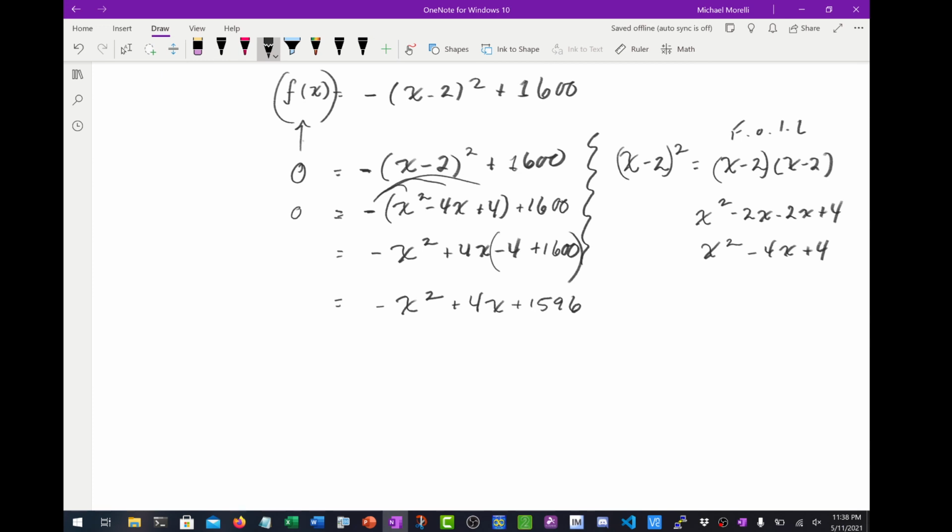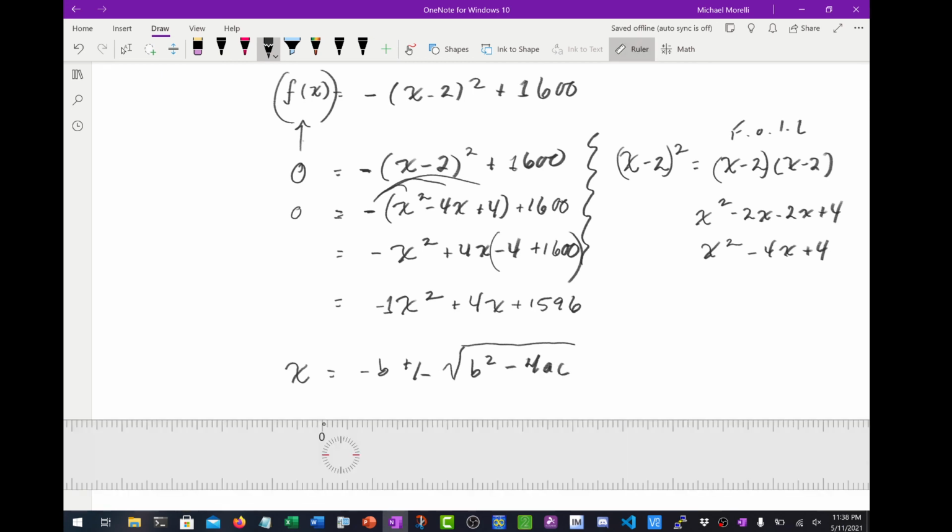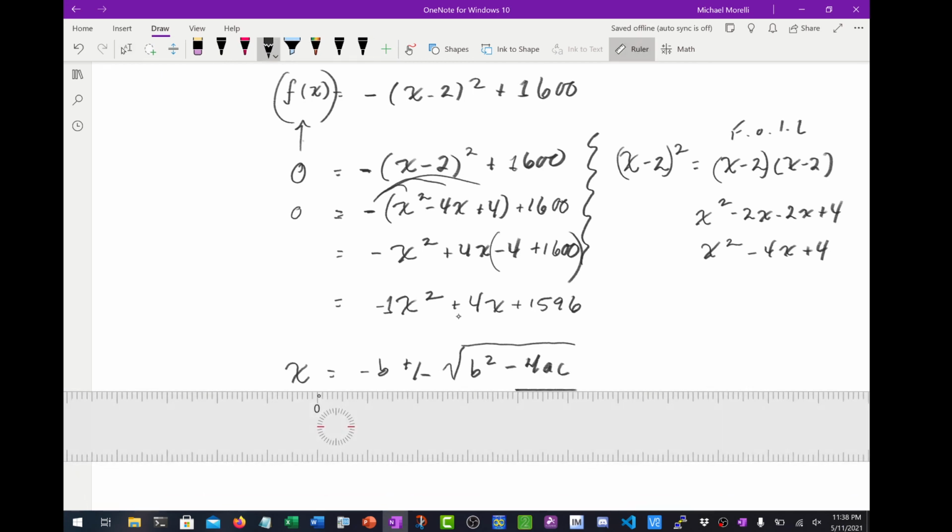Because the leading coefficient is -1, there are many ways to do this. I'll show this by using the quadratic equation. X equals -b plus or minus the square root of b squared minus 4ac, all divided by 2a.